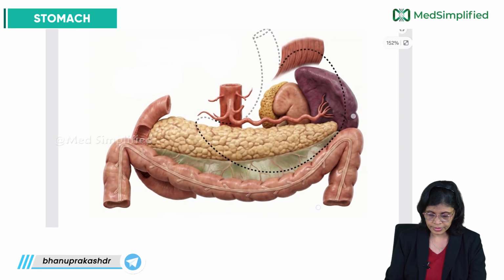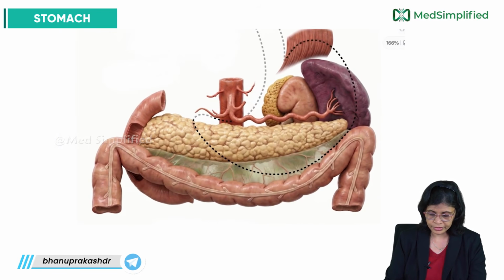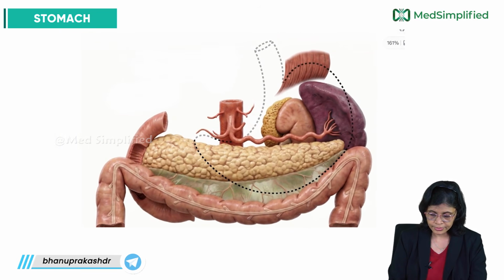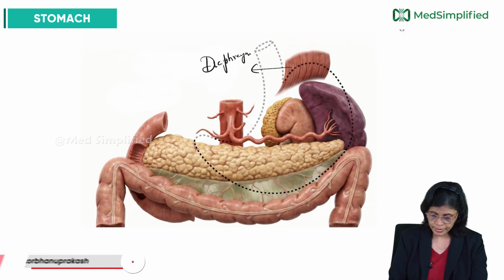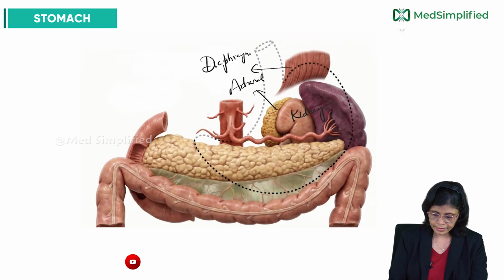Okay, so this is when we see the outline, just to remember. So this is the diaphragm. You can see the adrenal gland here, the kidney, left kidney, the splenic artery here.